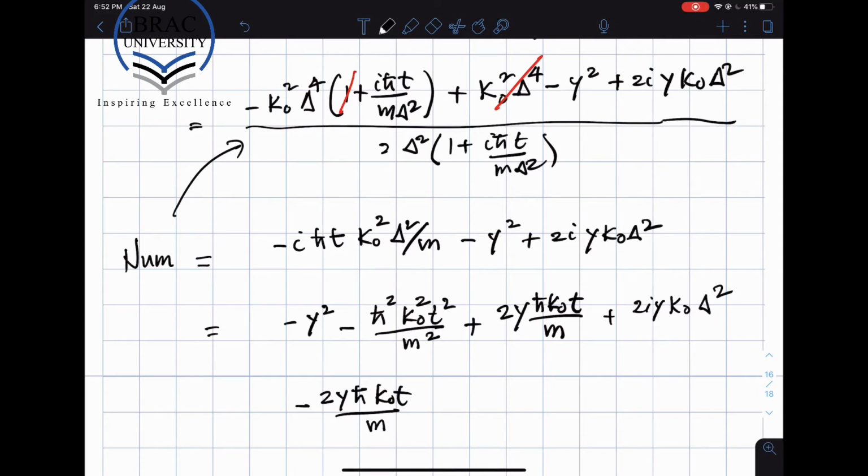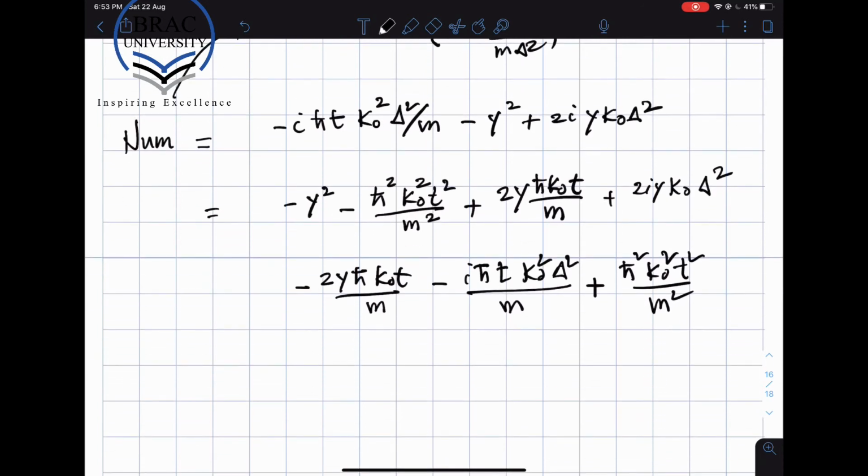And then we'll write this other term, which is going to be minus i h bar t k naught squared delta squared by m. And then remember that we subtracted this term, so we have to add this term. So we have here h bar squared k naught squared t squared over m squared. All right.